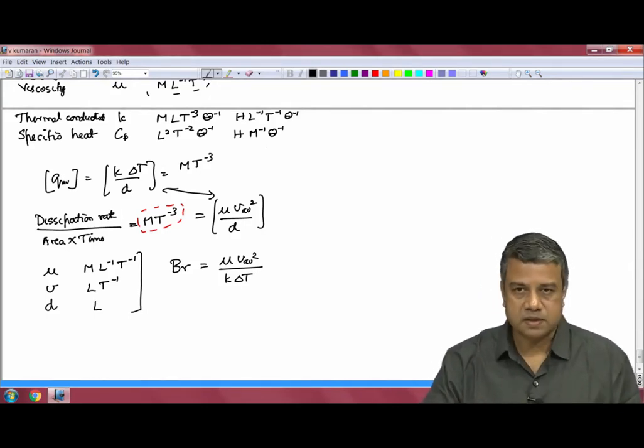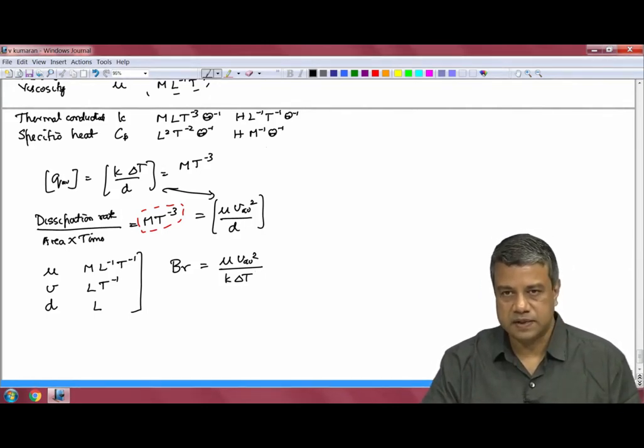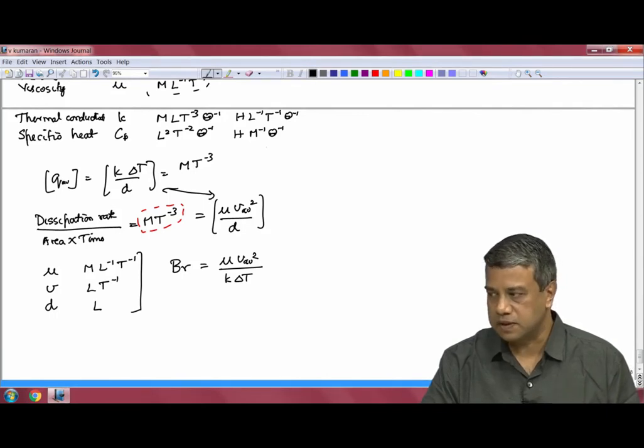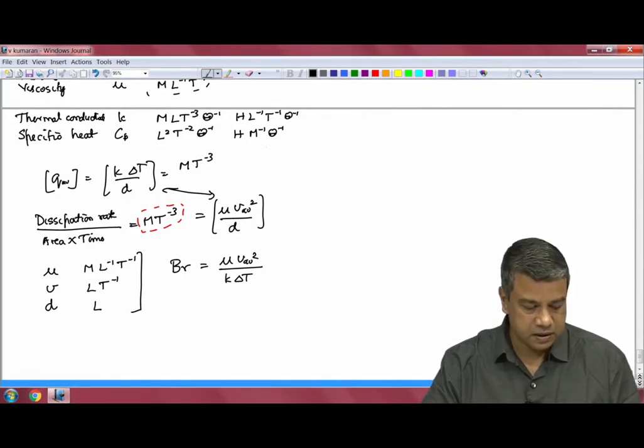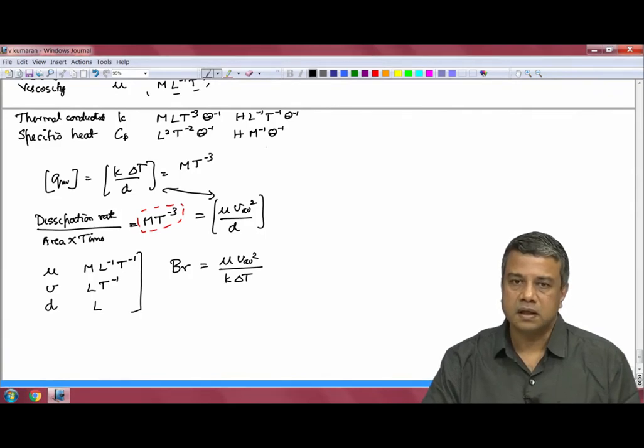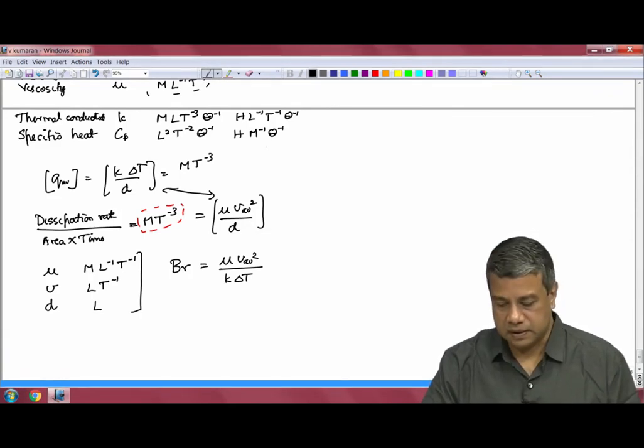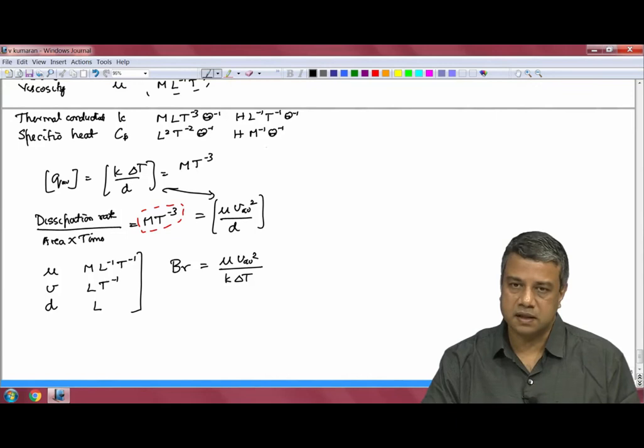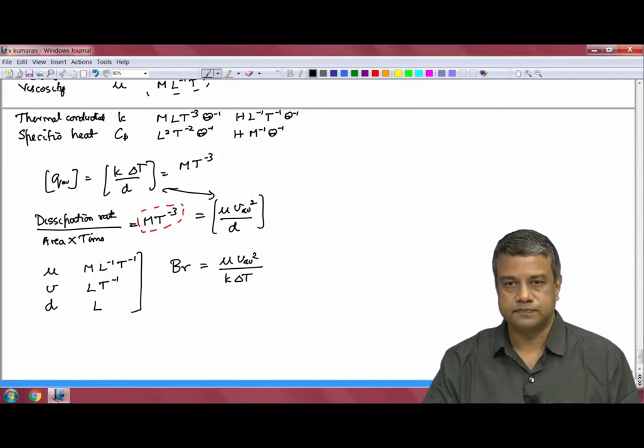If this number is small, the rate of viscous dissipation of energy is much smaller than the rate of conduction of energy, and in this case you can consider that there is no interconversion of energy between mechanical and thermal energy, and therefore, you can consider the heat energy and the mechanical energy as two different dimensions.